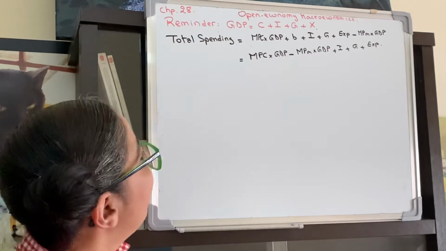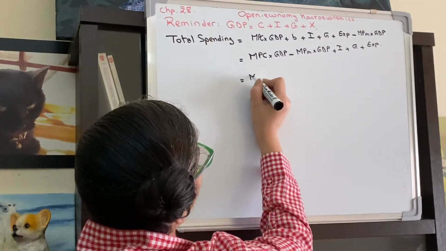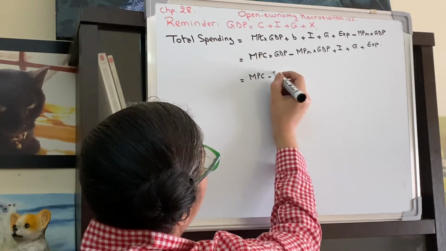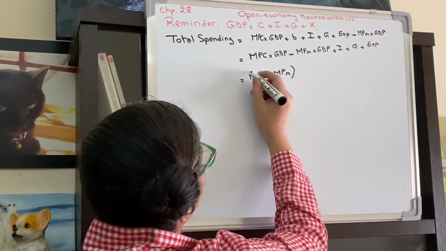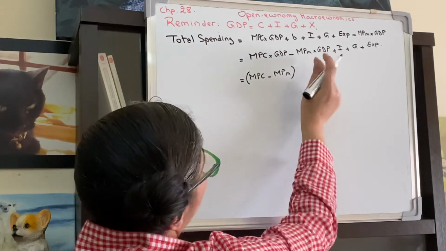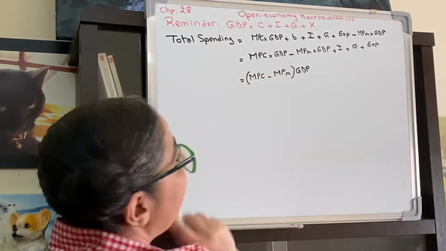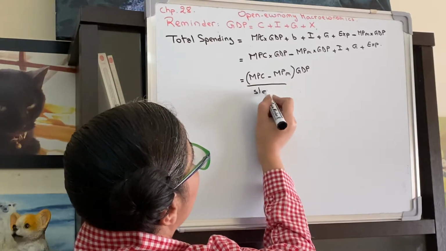Okay? Now GDP in common, it's equal to MPC minus MPM, everything between parentheses, times GDP. And that would be your slope.